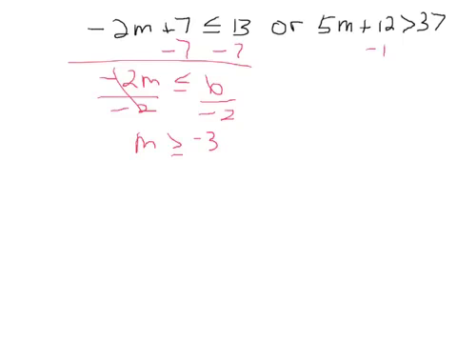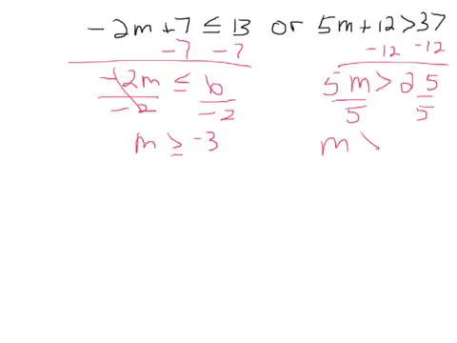Anyway, on this side, I'm subtracting 12, and I get 5m is greater than 37 minus 12, which is 25, and then I divide by 5, and I get m is greater than 5. This is an "or" situation, so when I graph this, I'm not going to include only the parts that are common to each. I'm going to include all of each one of them. So here's my 0.